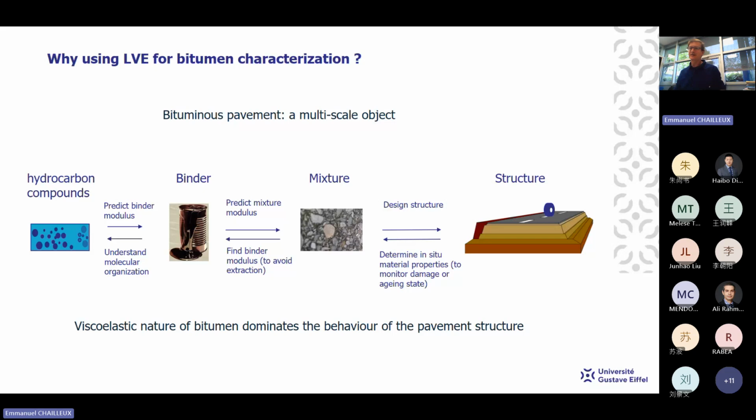It's always interesting to make links between these scales, between the molecular organization of bitumen and the bitumen itself, between the binder and the mixture. We know that the binder is extremely important in the mixture's mechanical behavior, and of course for design purposes or for monitoring, it's very important to make the link between mixture and the pavement structure.